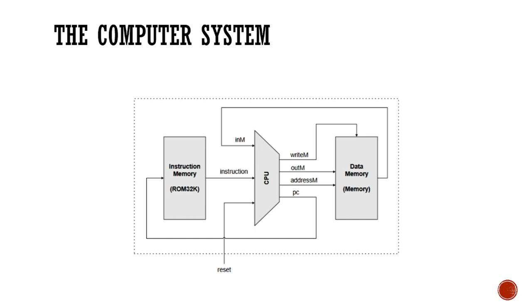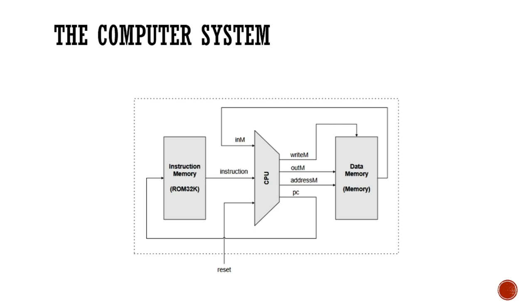The CPU receives the instruction input from the instruction memory and also accepts the value of the selected data memory register as one of its inputs. The reset input indicates whether to return the CPU to its starting state, that is, whether to restart the operation from the start.